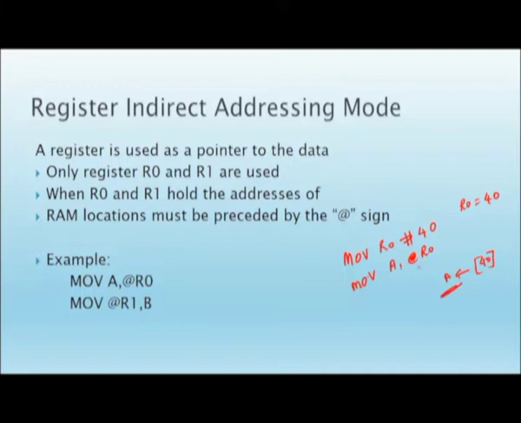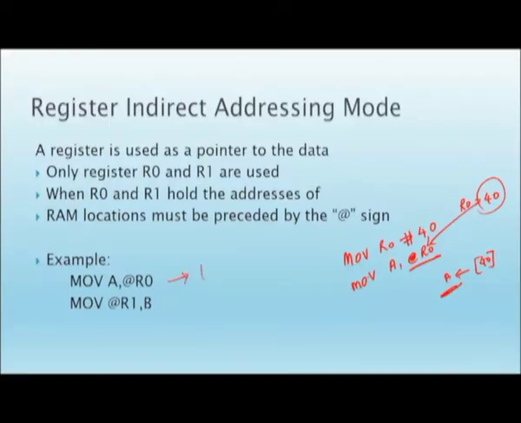Here the memory address 40 is not specified in the given instruction, that is why we call it indirect addressing, but since we use it with the help of R0, we call it register indirect addressing mode. The address is specified in the register indirectly, and the symbol @ represents indirect addressing.